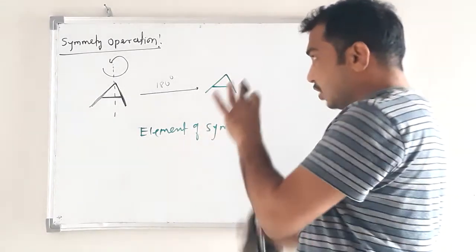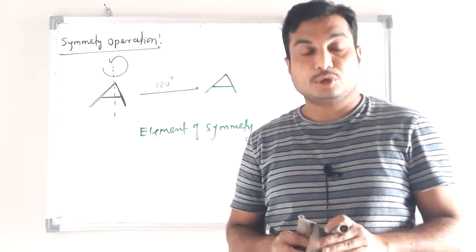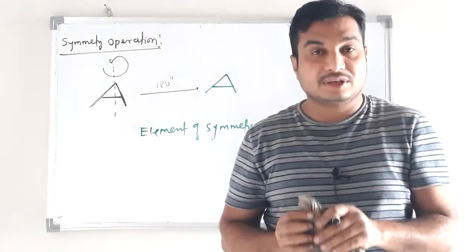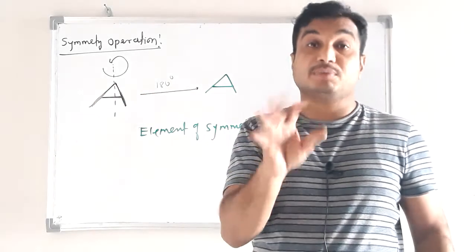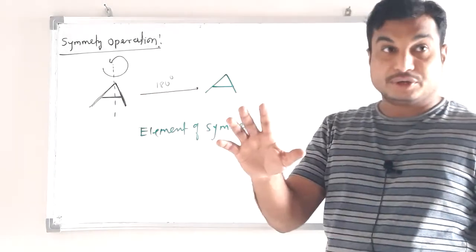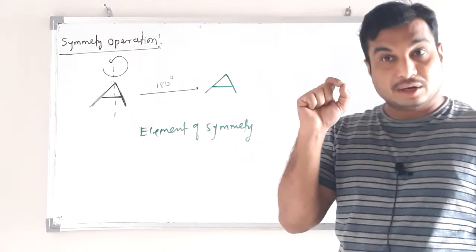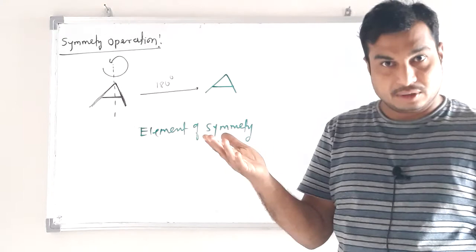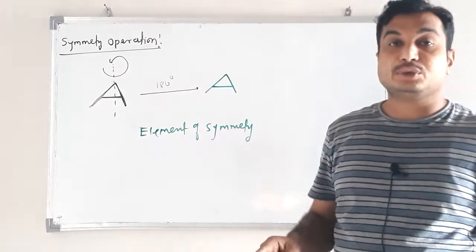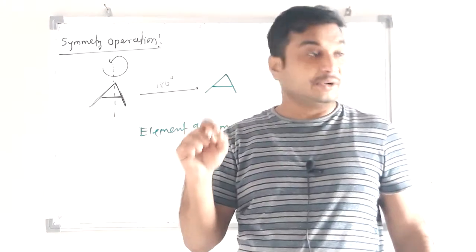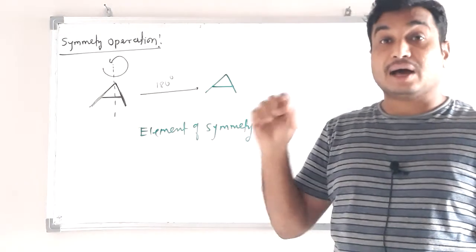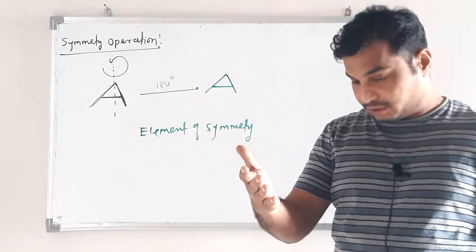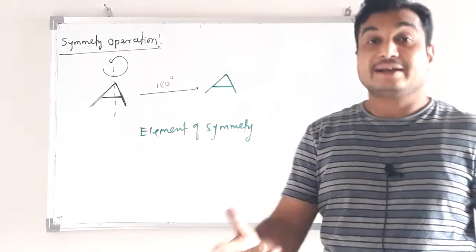Okay, so such operations are there. We have to perform this operation on an organic molecule, and after doing that operation we get an indistinguishable or superimposable arrangement of that molecule, which is the same as the original one. Then that molecule is said to possess an element of symmetry, and such molecules are optically inactive even having a chiral carbon atom.